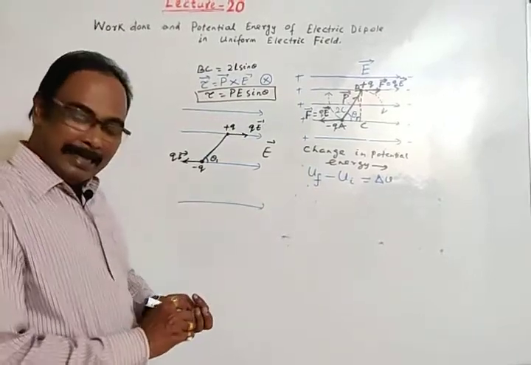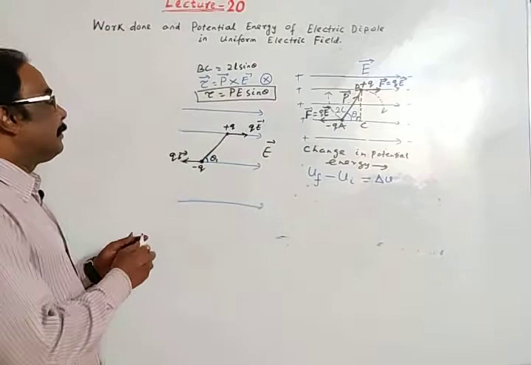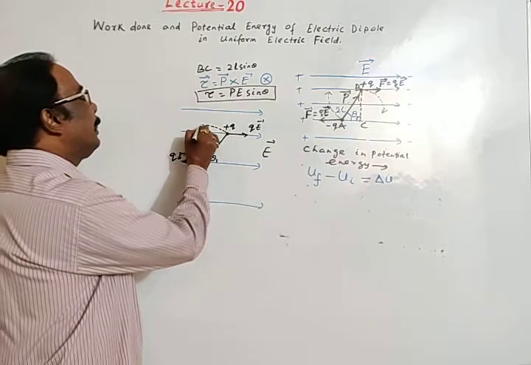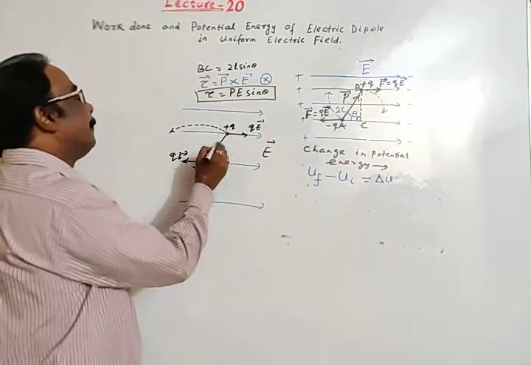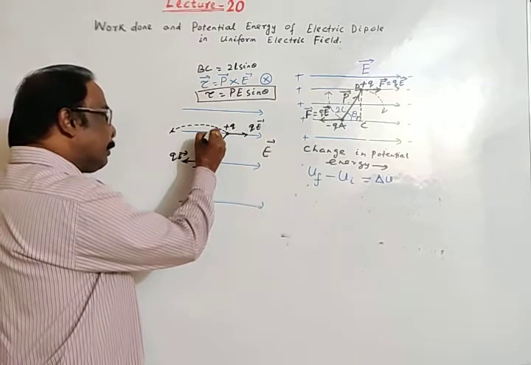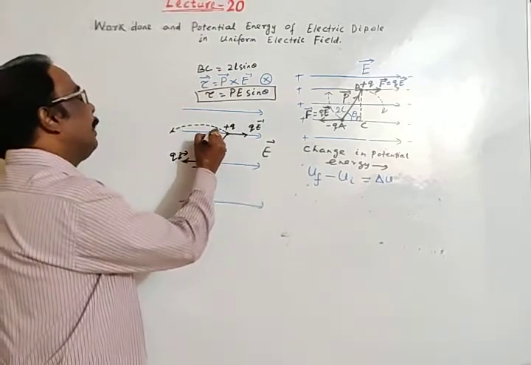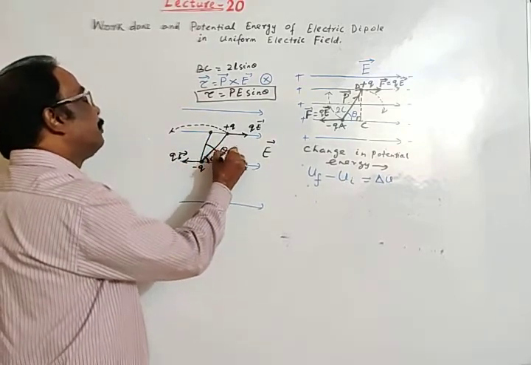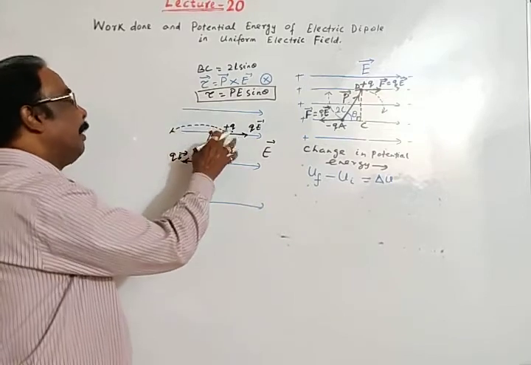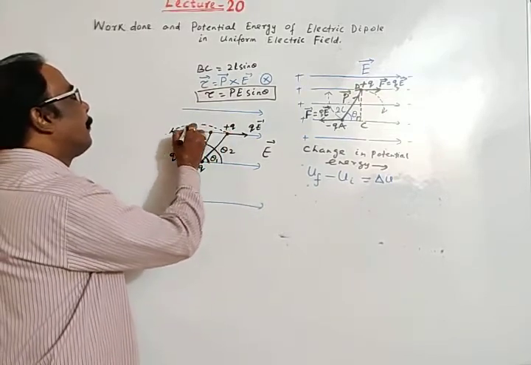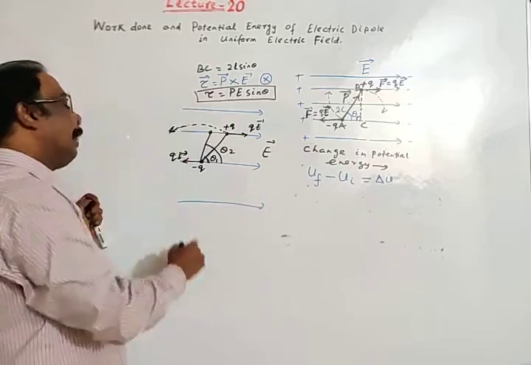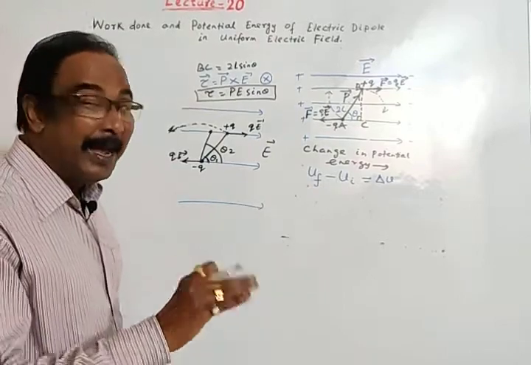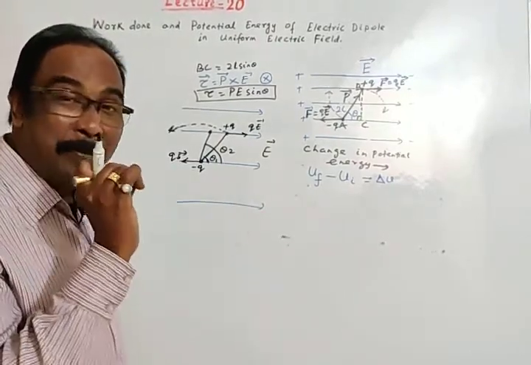Now let's consider the dipole is rotated. This is the initial position, initial angle theta 1. Let the dipole be rotated in anti-clockwise order to the final position. If this angle is theta 1, then this angle is theta 2. The dipole is rotated in anti-clockwise order. Then to rotate in anti-clockwise order, we have to apply an external force.